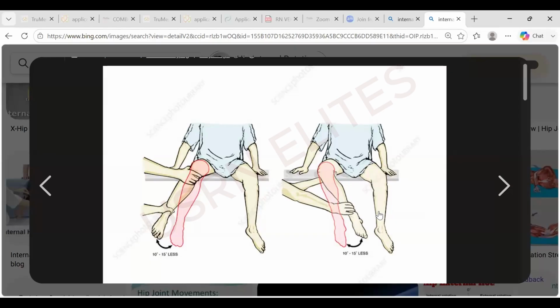Adduction. That is internal rotation. And looking at the one on the left, if it turns outwards, that is external rotation.